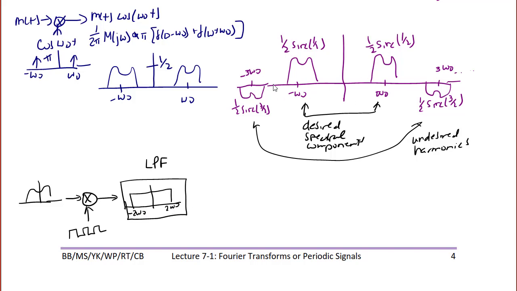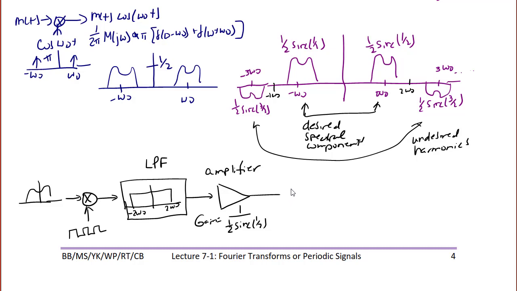And remember, negative 2 omega naught and 2 omega naught would be here. And then it would go through an amplifier to get back the desired gain of 1. So the gain on our amplifier would be 1 over 1/2 sinc of 1/2. So you multiply by that gain to get this back to 1.